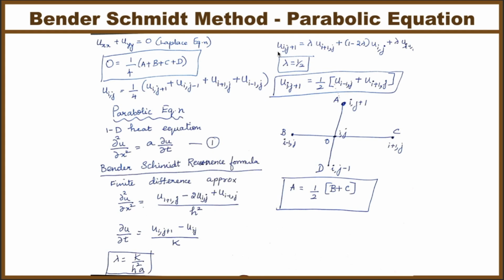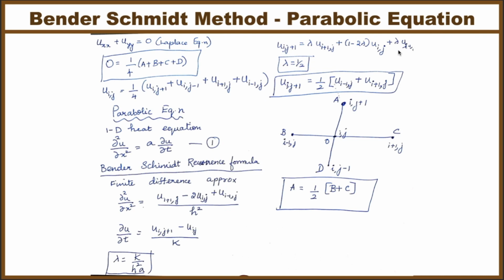that is ui comma j plus 1 is equal to lambda ui plus 1 comma j plus (1 minus 2 lambda) ui comma j plus lambda ui minus 1 comma j.